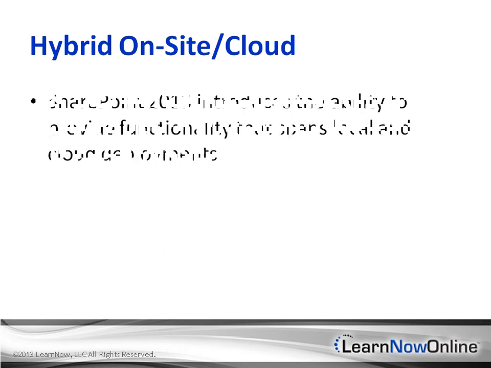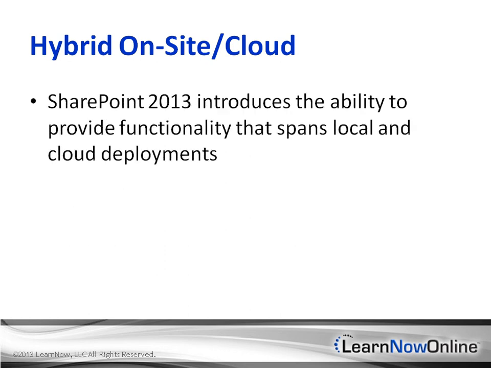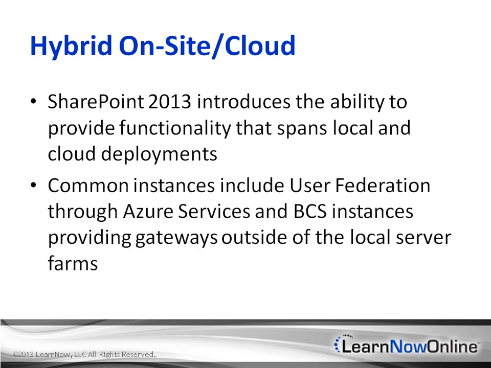The hybrid cloud side that you're looking at is a new capability in SharePoint 2013 that introduces the ability to provide functionality that spans local and cloud deployments. So you can actually have your core business or your core workflow processes inside your organization, but have part of it sitting up inside a cloud deployment.